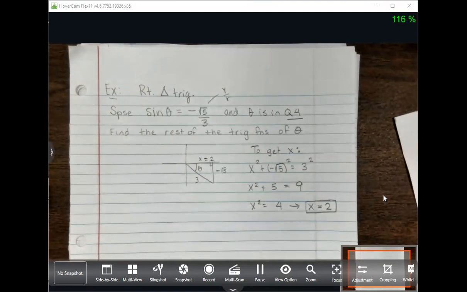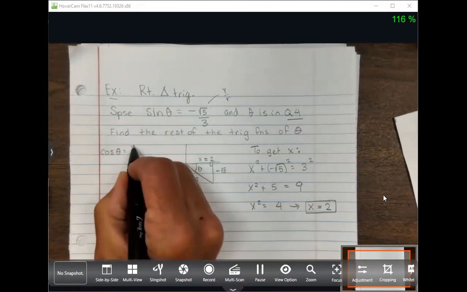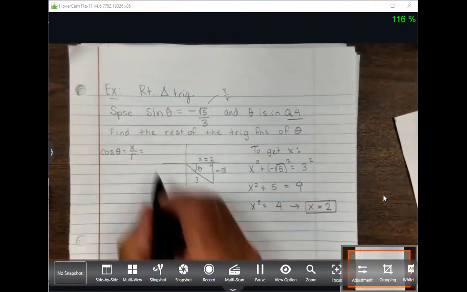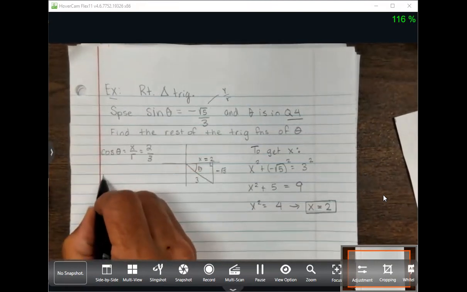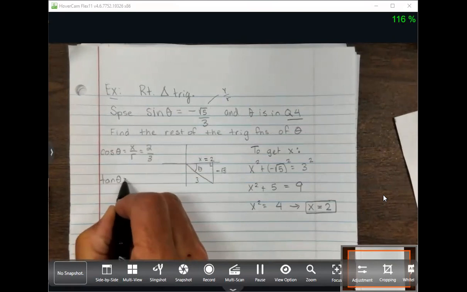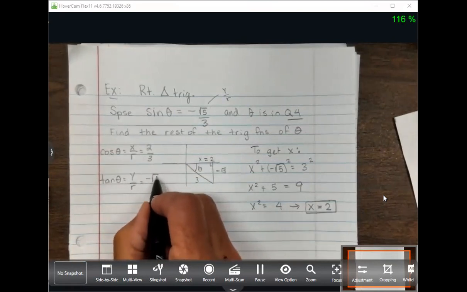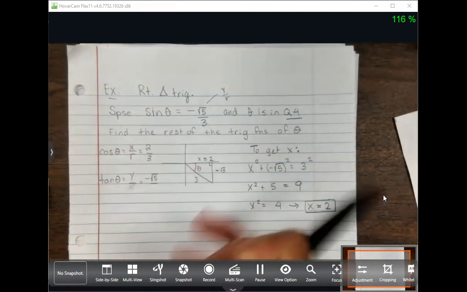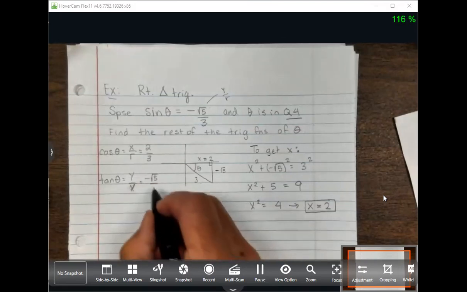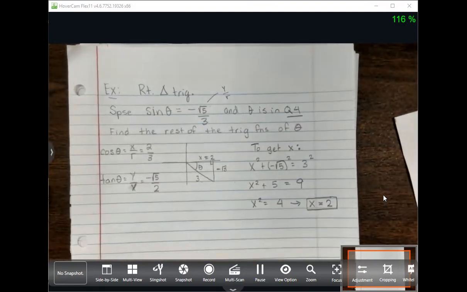Now from that, we can get the other trig functions. Cosine of this angle theta is x over r. X was 2, r was 3. Tangent of angle theta is y over x. I don't know why I said r. Negative square root of 5 over 2. Now start flipping them.